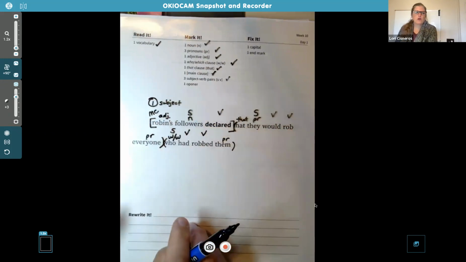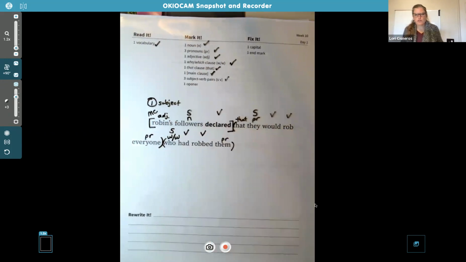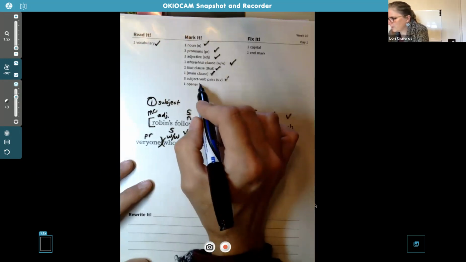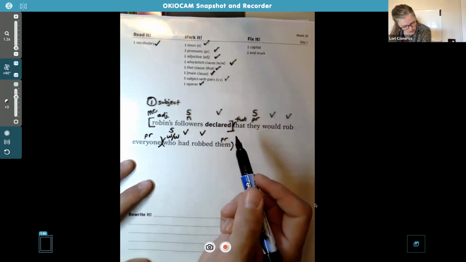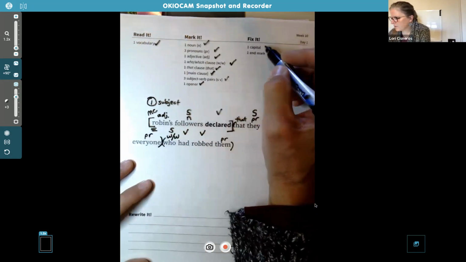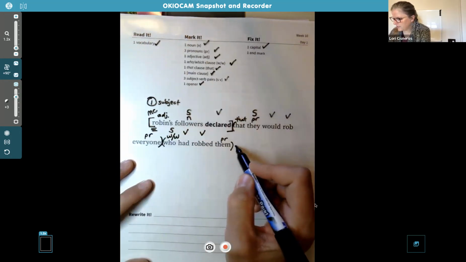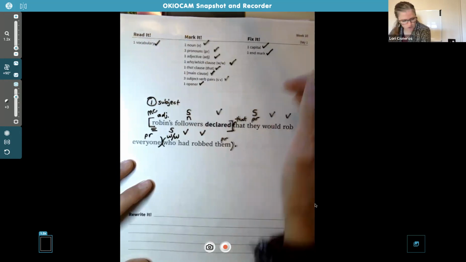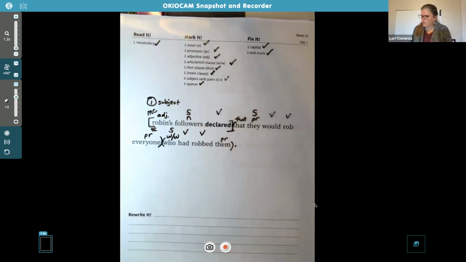We're going to be talking more about those openers as we get deeper into the writing part of the class, and we're going to practice using each one of those types of openers. That's a subject opener, so we're going to put a check there. Capitals, that's pretty easy. Robin's is capitalized, and then a period at the end here. Those usually are pretty straightforward.